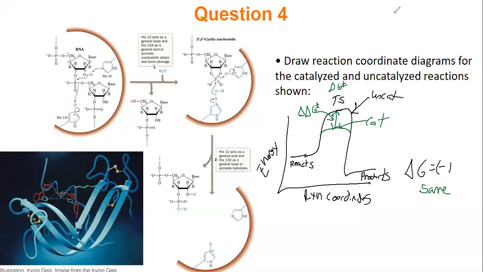So I got a question. So the uncatalyzed is double dagger and the catalyzed is delta double dagger. Not quite. Let me just go over what those terms mean again. The energy from the reactants to the transition state, this gap is called delta G double dagger. And the double dagger is just saying we're looking at a transition state energy, right?